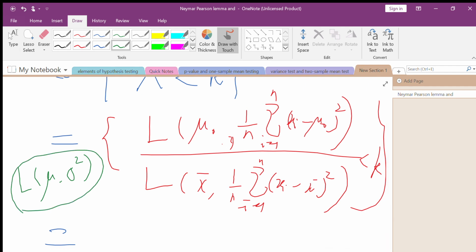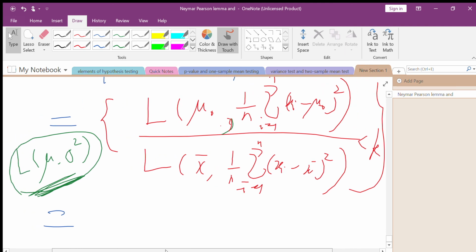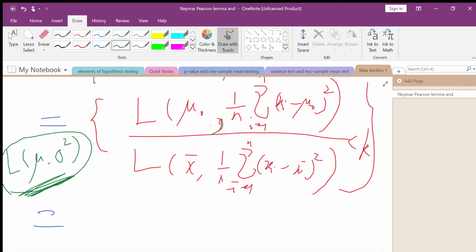You just need to replace mu with mu_0 in the representation of this function, and for sigma squared, you plug in this result here.